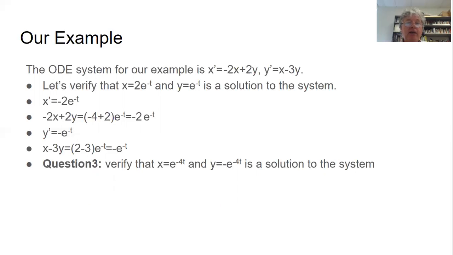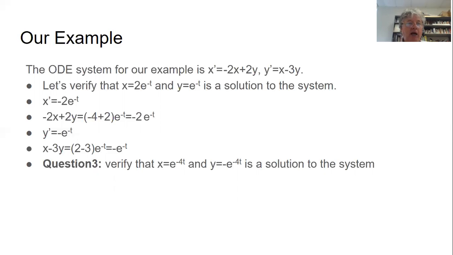The way we do that is just plug it in and check that we get true statements. x prime is minus 2e to the minus t, right? Down comes the minus 1. Whereas minus 2x plus 2y is also minus 2e to the minus t. So the first equation is satisfied.